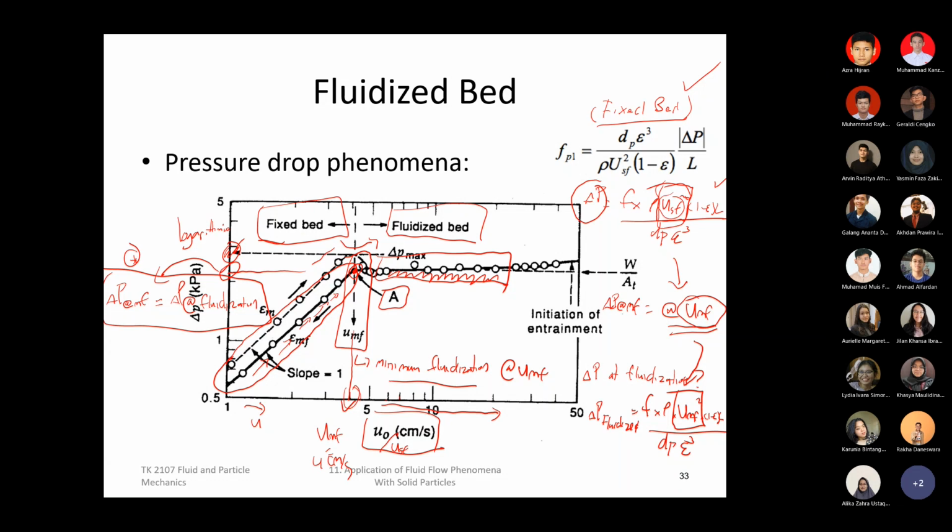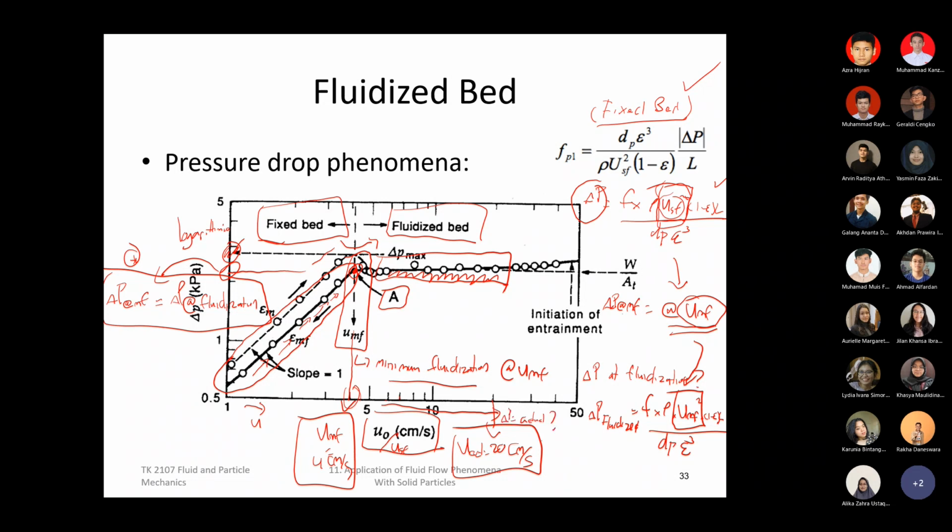And then later you are asked to evaluate the identical process, the identical particle, but the only difference is you're working with 20 centimeter per second. That's your actual velocity. Now you're being asked, what's the pressure drop of this actual condition?